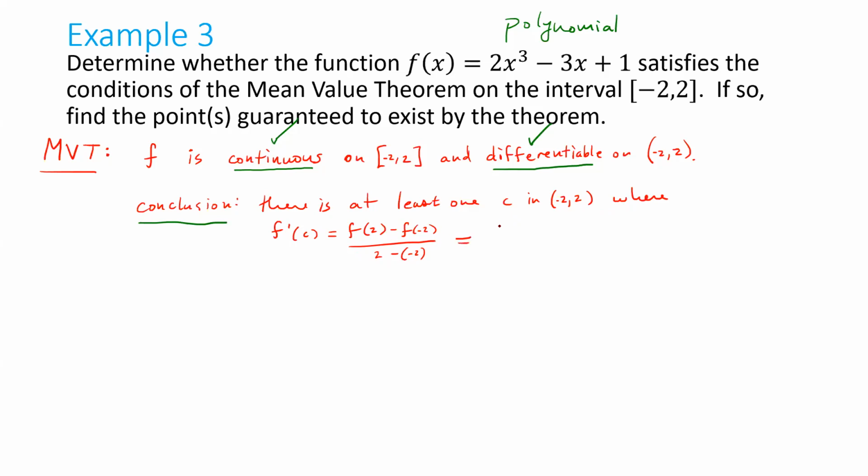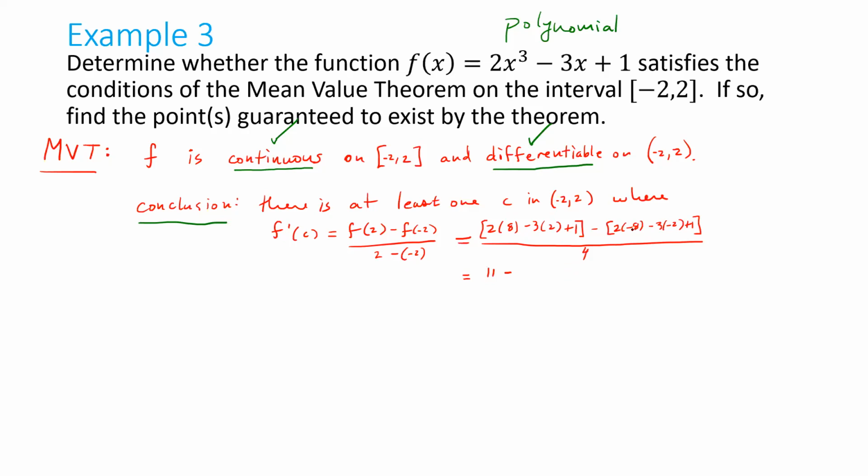F of 2 would be 2 times 8 minus 3 times 2 plus 1, minus f of -2. So that's 2 times -8 minus 3 times -2 plus 1, over 4. Whatever, let's see, what do we get here? 16 minus 6 is 10 plus 1 is 11.